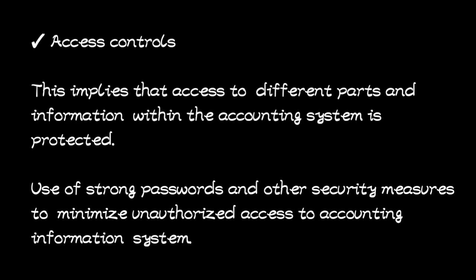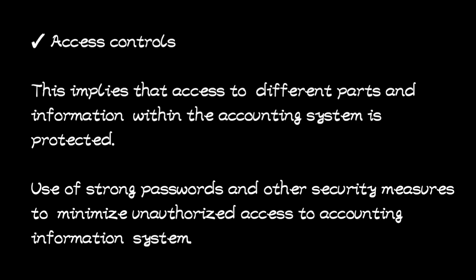So let's start with the first one, which is access controls. Access controls imply that access to different parts and information within the accounting system is protected. It's not like anyone or everyone can access that information. There is a particular process that someone is supposed to go through in order to access information.